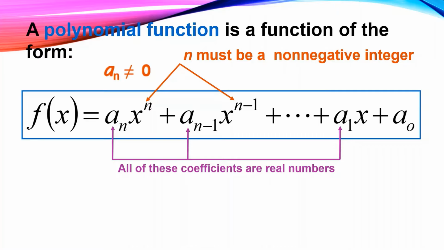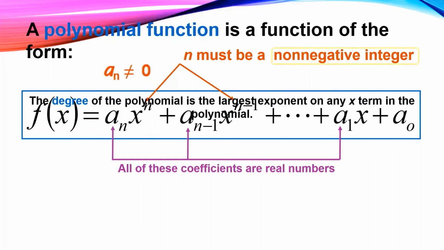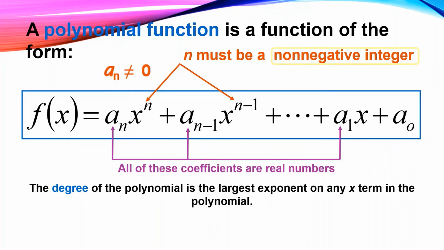These are all positive integers, such as 1, 2, 3, 4, and so on, and it includes 0. 0 is a non-negative integer, so it is possible that the exponent is 0. What else? The degree of the polynomial is the largest exponent on any x term in the polynomial. Later, you will understand this better once we have examples on how to identify a polynomial.